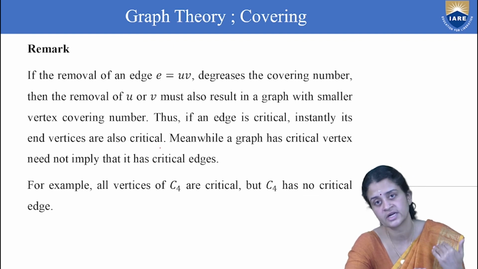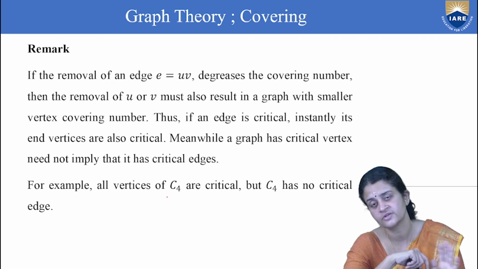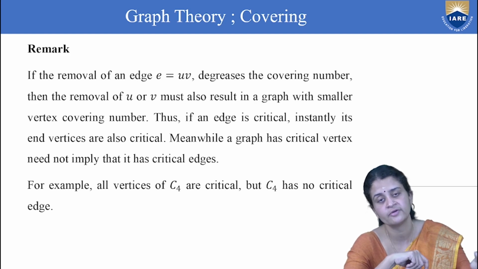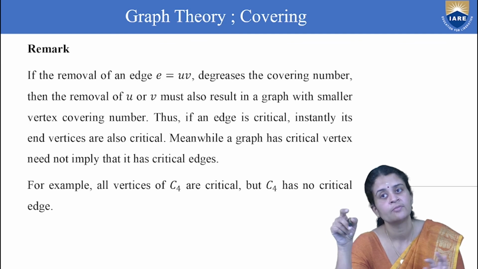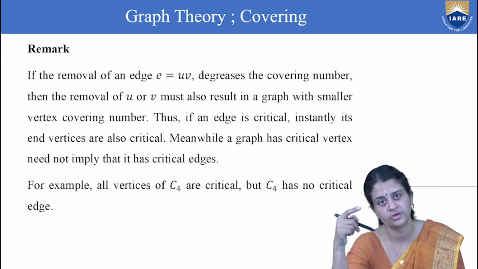Meanwhile, a graph which is vertex critical need not be edge critical. For example, C4. All the vertices of C4 are critical, because if we remove any vertex from C4, the vertex covering number will be reduced. But it is not edge critical, because even if we remove any edge, the covering number is not going to be reduced.